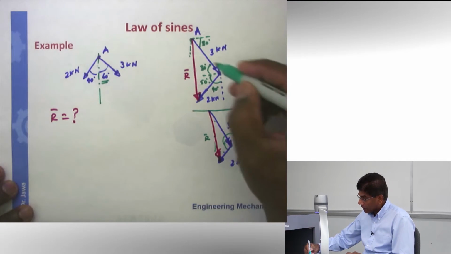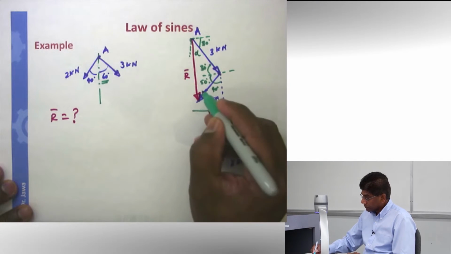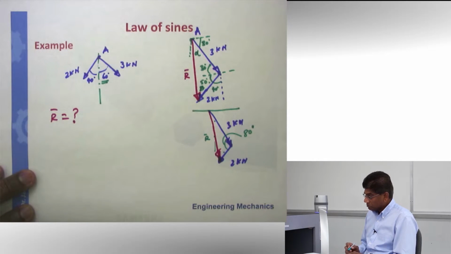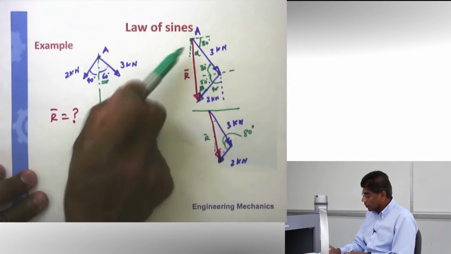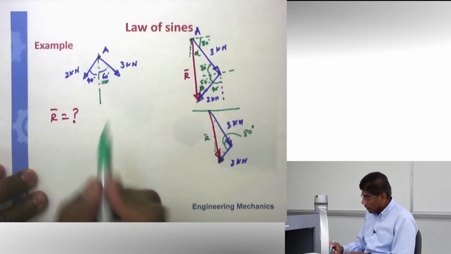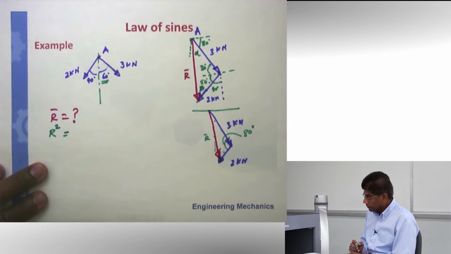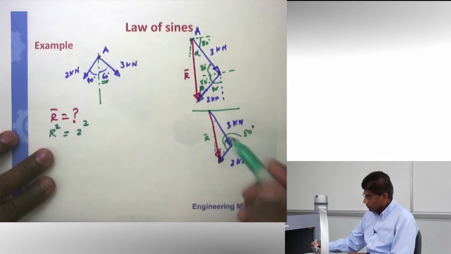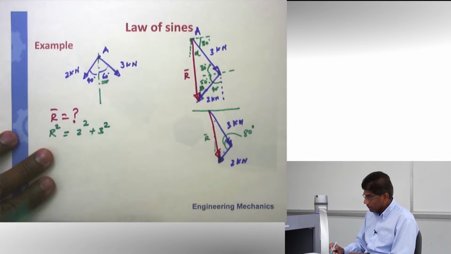So how do I find these angles? This angle I can call it as, say, alpha. Let's say this is beta. All right. In order to calculate these angles, I'm going to use my, say, law of cosines. If I want to use law of cosines, remember R square, I am writing just the magnitude, equal to 2 square, which is this side, plus 3 square.